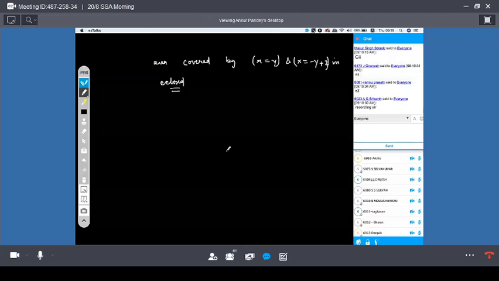Okay, enclosed should be there, not open area. Quickly, sketch will help. If you remember 10th grade, sketch was very important. Similarly here, sketch is very important. Okay.